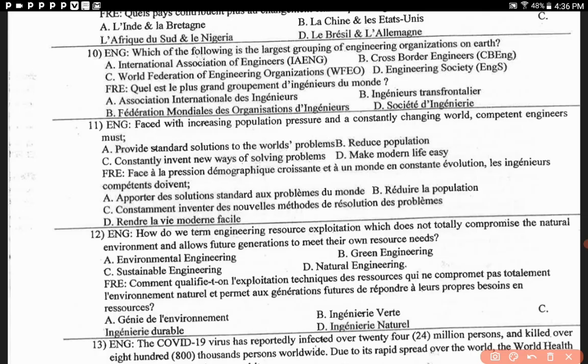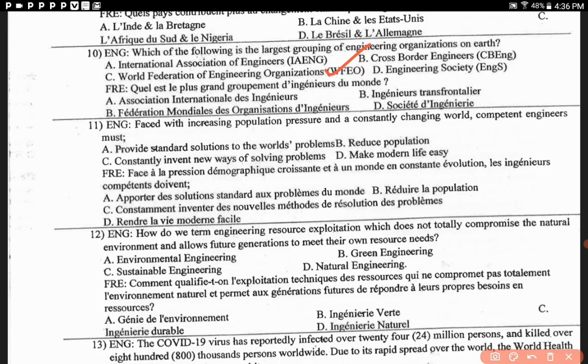So I'm sure that reading this question, you first of all don't know any engineering organization. The answer is C. I'm thinking something else. The answer is C. So the answer is C, World Federation of Engineering Organizations.